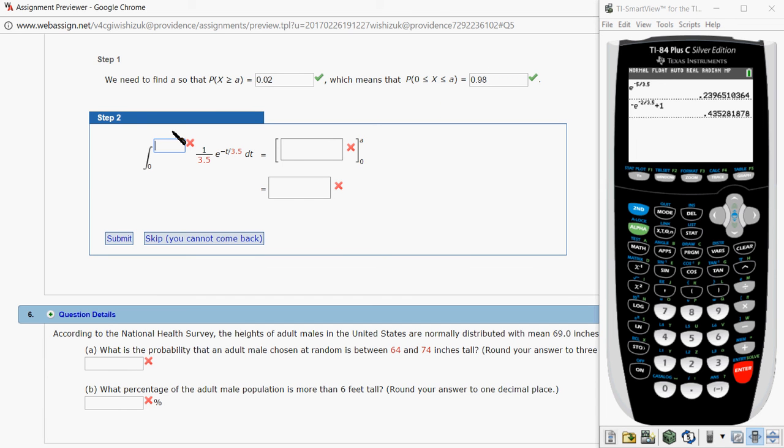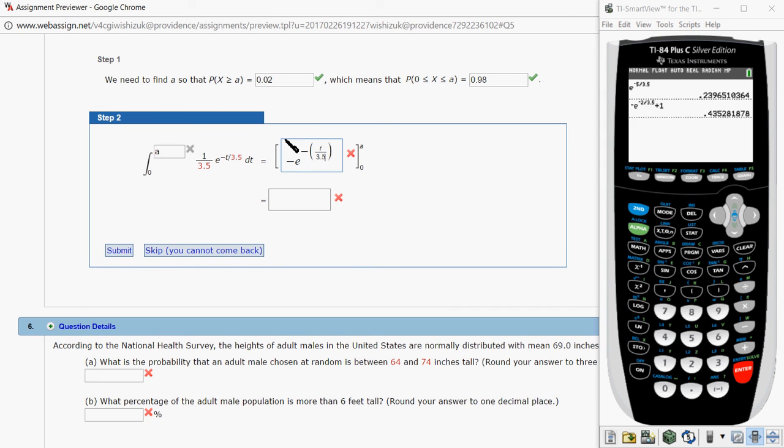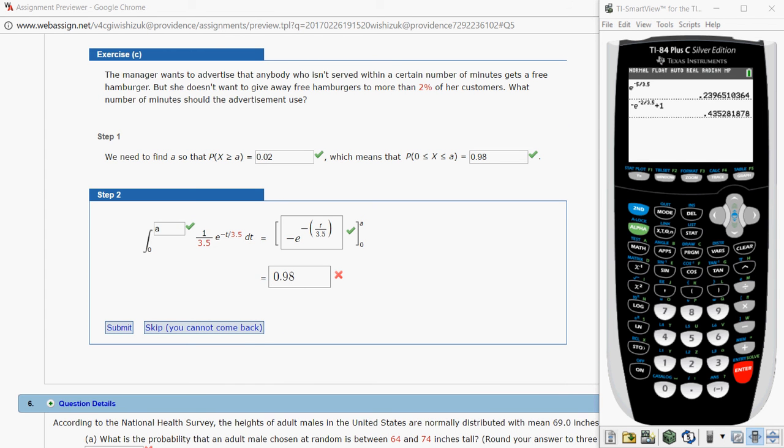If you plug in a here, with the same antiderivative, negative e to the negative t over 3.5, this has to be equal to 0.98. Let's submit. Whoops, what they wanted is different.